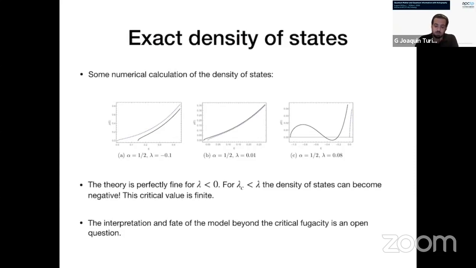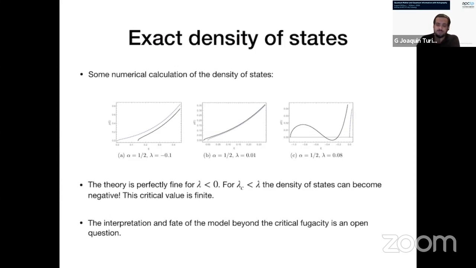But if lambda is too big, in this case, okay, this is a small number, but it's order 1, in the sense that it's not going to 0 with S naught or anything. For a critical value of lambda, you start getting weird things like this negative density of states. And related to the previous question, maybe I would say that here, this would not be dual to a unitary theory.